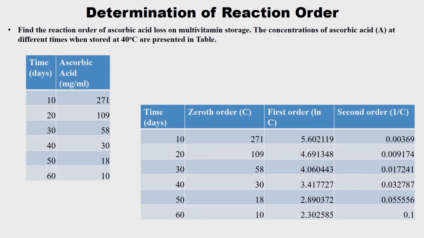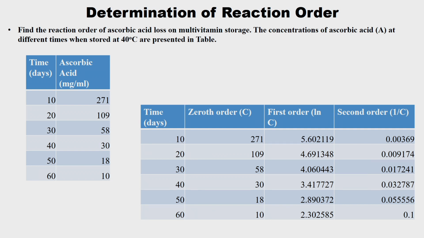Now we come to our first problem, which says: find the reaction order of the ascorbic acid loss on multivitamin storage. The concentration of ascorbic acid A at different times when stored at 40 degree centigrade is presented in the table.